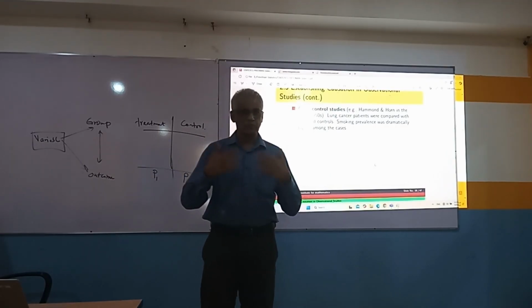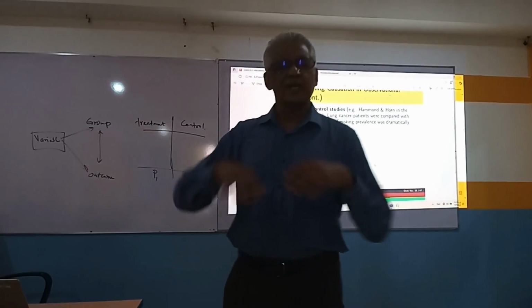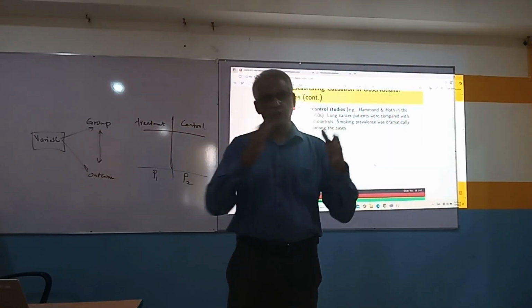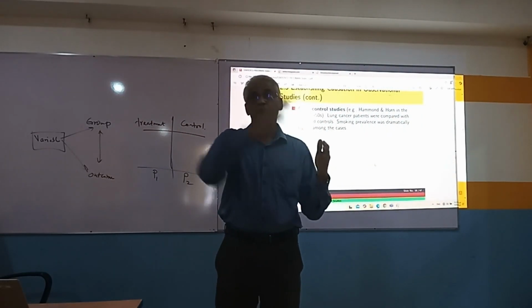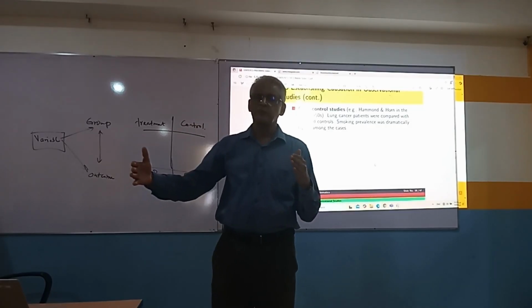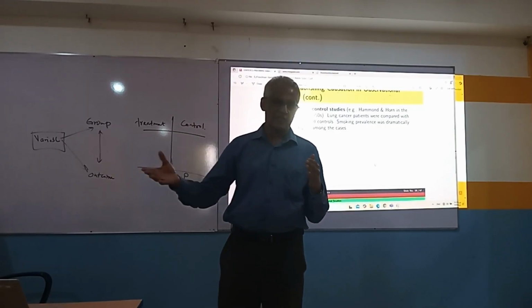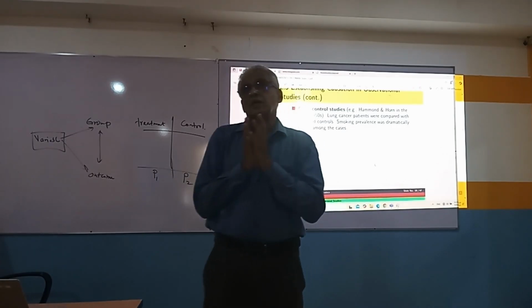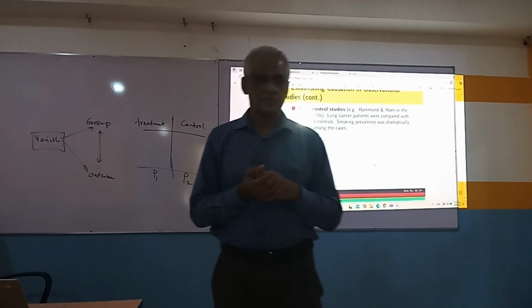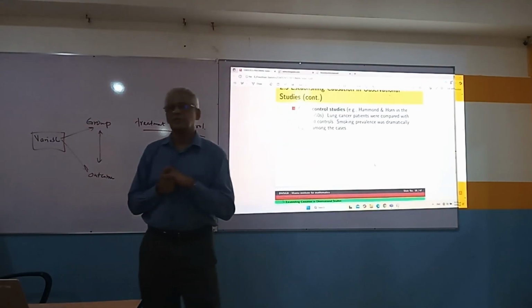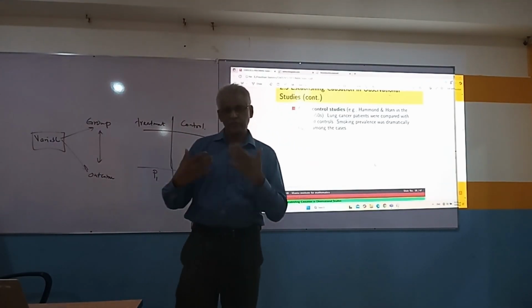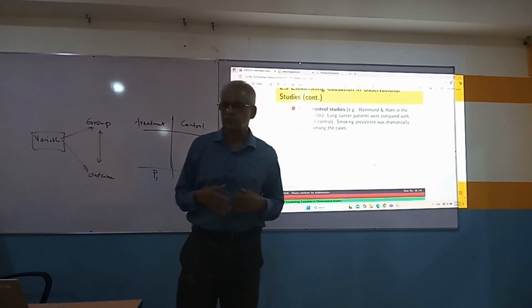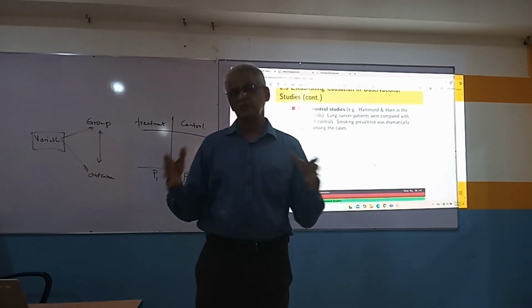Even though it's observational and people are not randomly divided into two groups, for each person in this group there is a similar person in the other group, almost similar with respect to mainly the possible confounders. As far as the possible confounders are concerned, they must be matched.